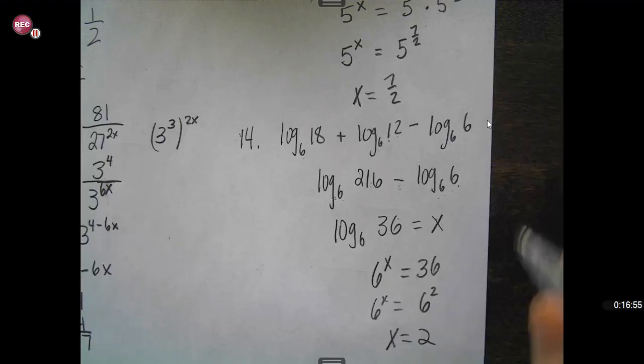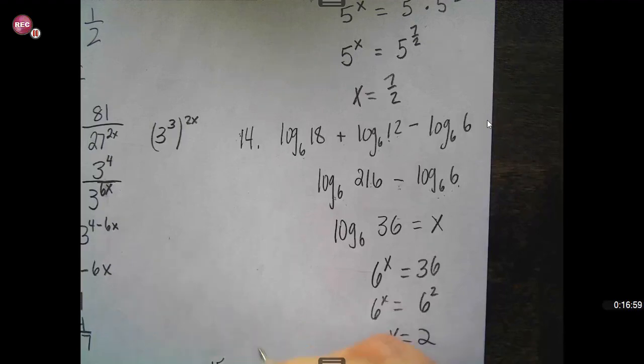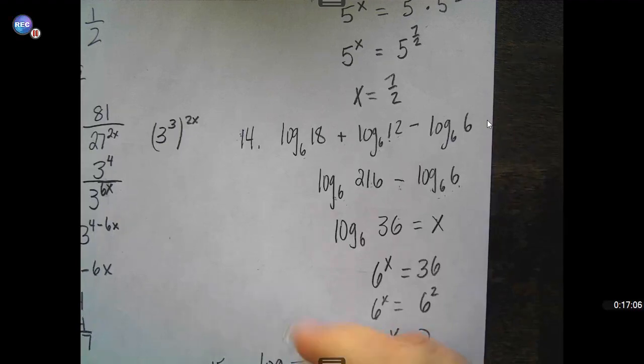Okay, so I think that moves us to 15, which is log n over the fifth root of m.